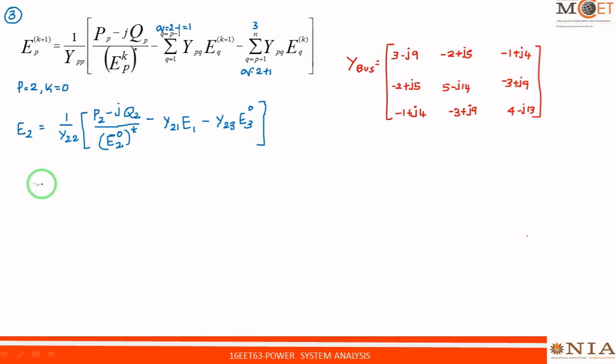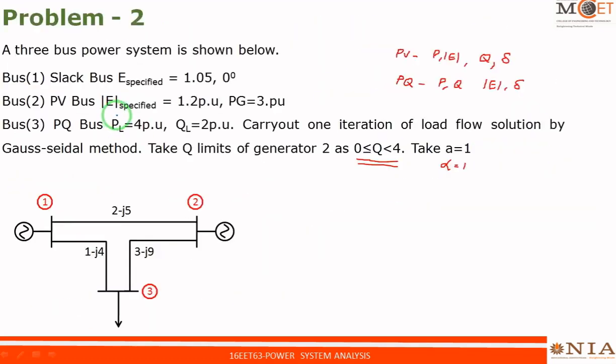So when I substitute this, this becomes 1 by Y22. Y22 is this element. So 1 by Y22 is 5 minus J14, into P2. P2 is the value given in the problem for bus 2, that is, the power generated at bus 2 is 3 per unit.